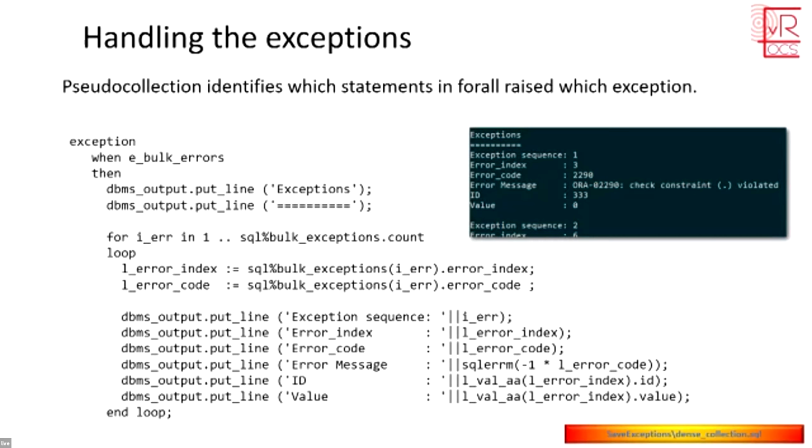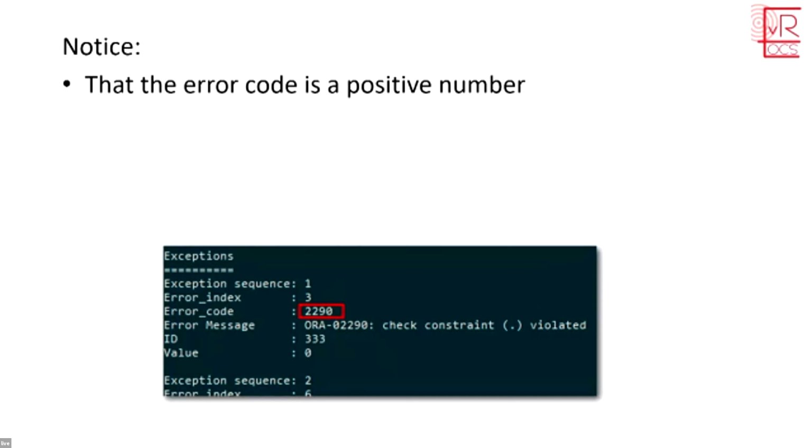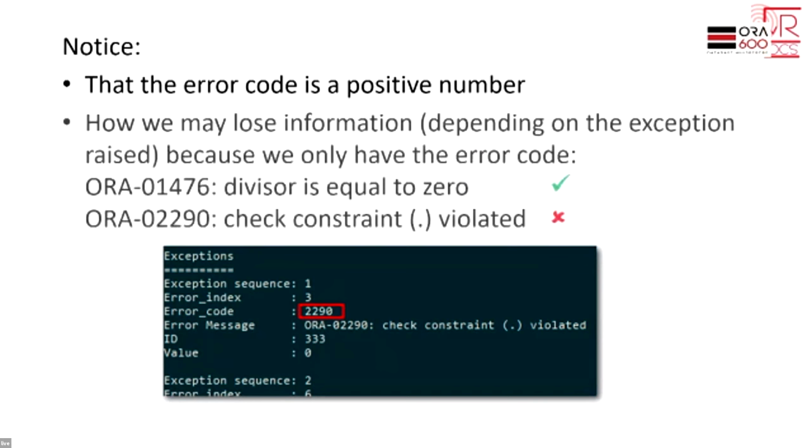Nice. Notice, if we look at it closer, that the ORA error is a positive number, while ORA errors should be negative numbers. So if you want to use this number to get the ORA error message, then you will first have to make it negative. And we may lose information because we don't have the actual error message that occurred at the time the exception happened.